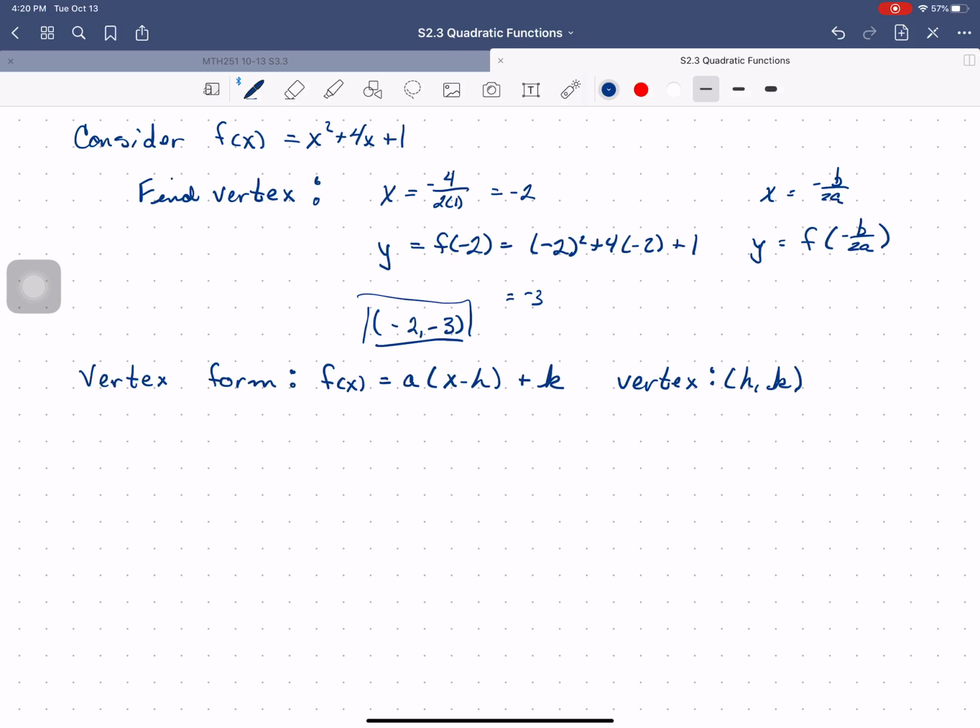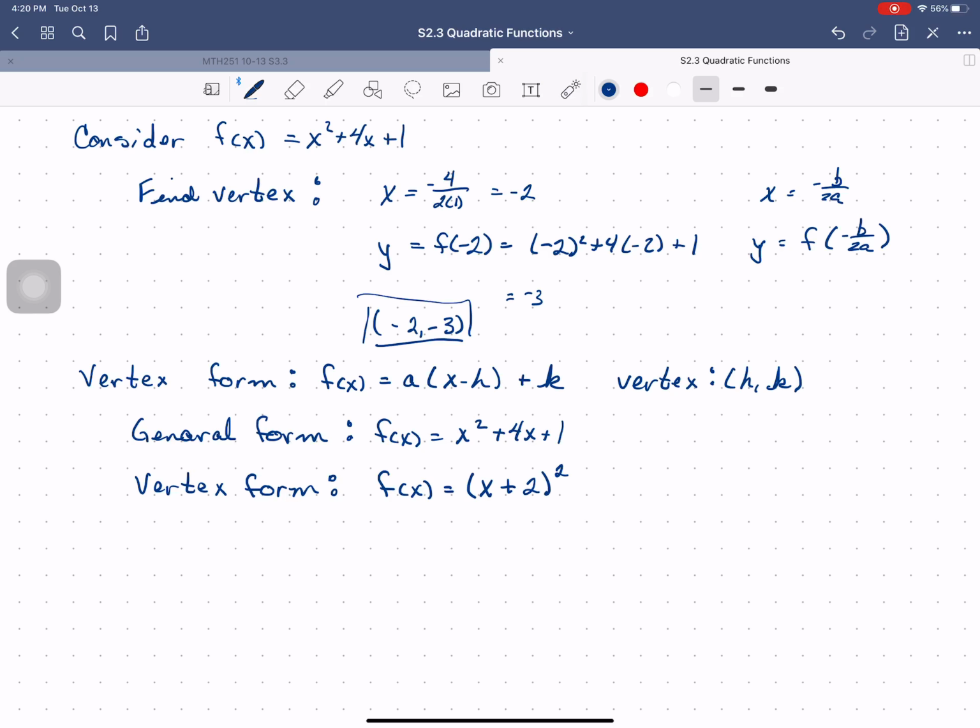So, for example, the general form for the parabola that we've graphed previously is f of x equals x squared plus 4x plus 1. The vertex form, because I know where the vertex is for this one, is f of x equals (x minus negative 2), so (x plus 2) squared, plus k, which is plus negative 3, so minus 3.